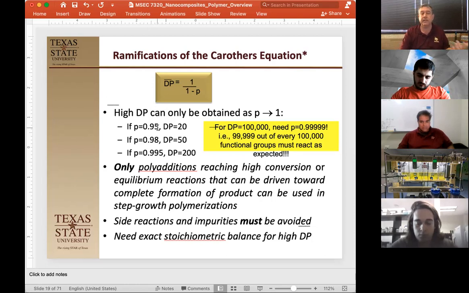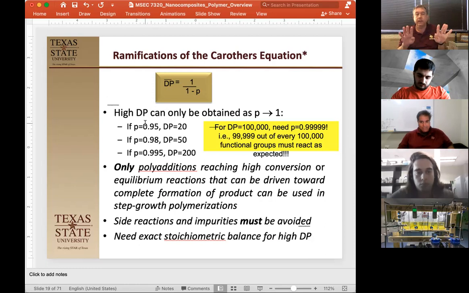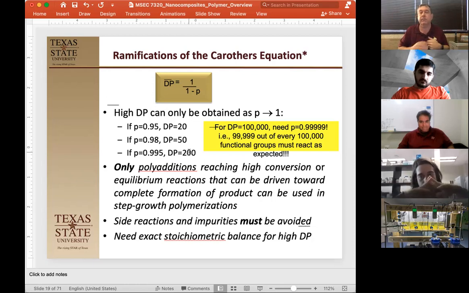But in the case of other systems, by only having 95 to 100 right here, you're going to get a DP of 20, and that might be a powder. That might not have any good polymer properties. But by just upping it by this 3% to 98, it might have some properties. It might start to look like a polymer. But then if you get closer to 99.5 to 100, we now have a DP of 200.